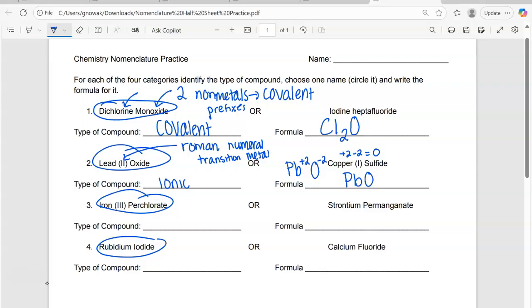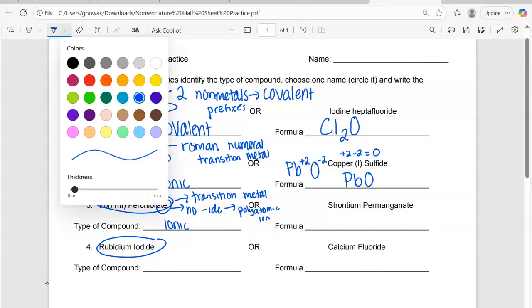What I notice about number 3, again, I have another transition metal. But I also have something that does not end in "ide." So there's no "ide," and what that tells me is I have a polyatomic ion. So this is definitely ionic. When I go ahead and get started here, okay, I write out my iron.